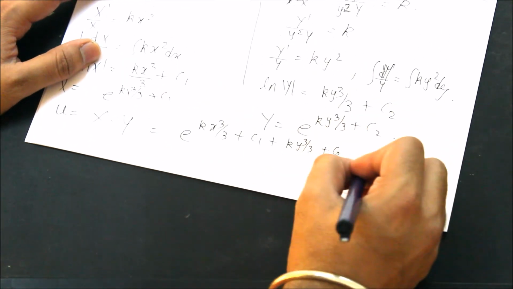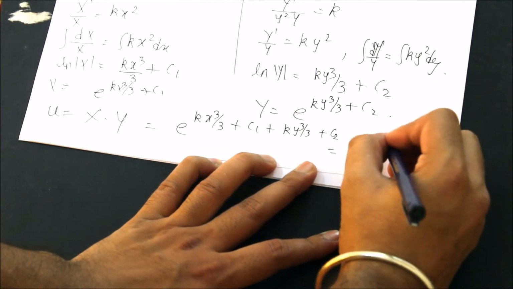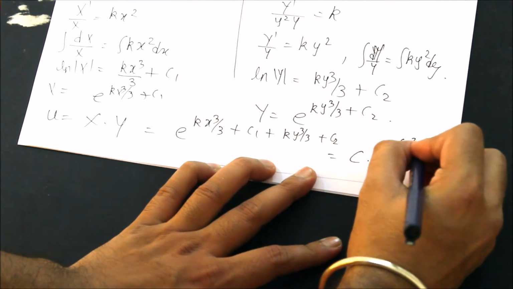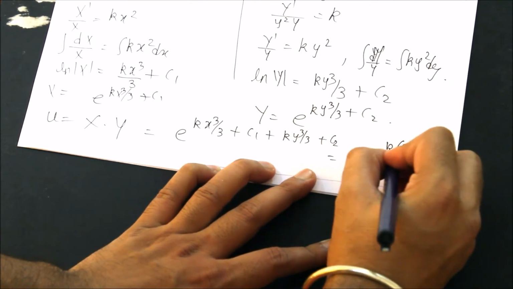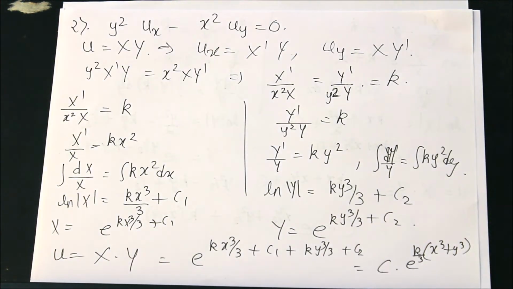If I call e raised to c1 plus c2 as c, then what will I get? This is c into e raised to k by 3 into x³ plus y³. If you want to remove k by 3, you call k by 3 as another constant, say m. Then it will be c into e raised to m times x³ plus y³. And this is called the general solution.